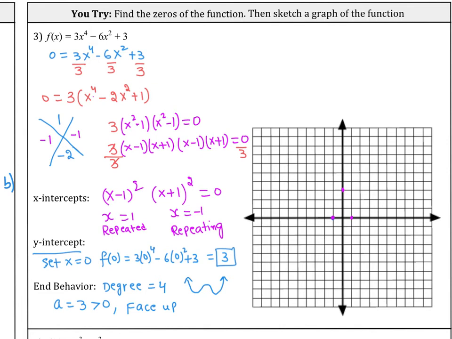So it's going to look something like this, where it's going to cross at 3 as a y-intercept, and on -1 and 1 it's going to touch and go back. Both arrows are facing up because it's a face up W graph since it's a degree 4 graph.